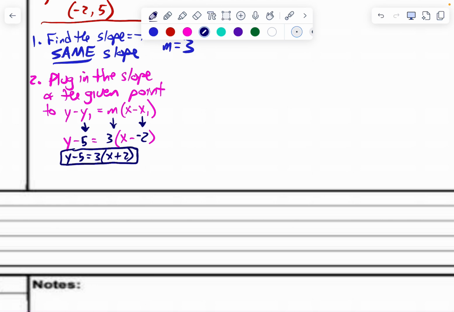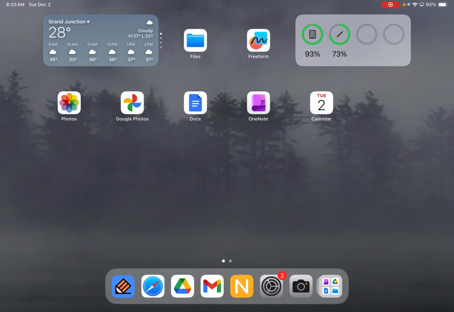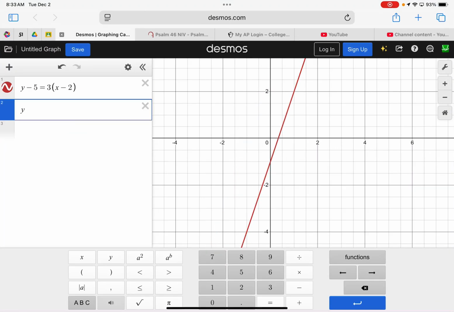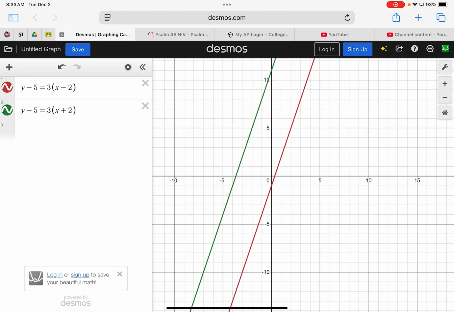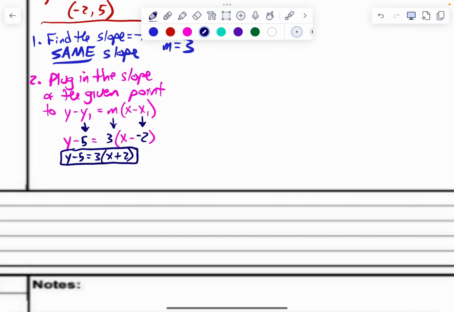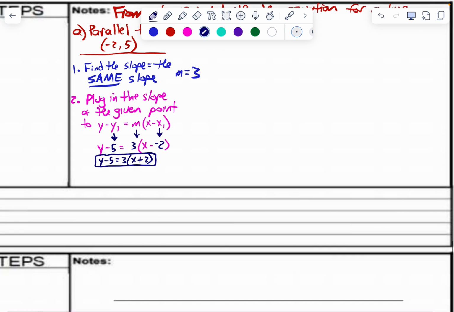In fact, if I go put it in there, so y minus 5 equals 3 times x plus 2. And you can see that green line is clearly parallel to the first one. Okay, so we're done. Plug in your slope and a point. It's so nice. Like, I don't know why we don't focus more on this in Algebra 1. I'm trying to teach my Algebra 1 students this more so.